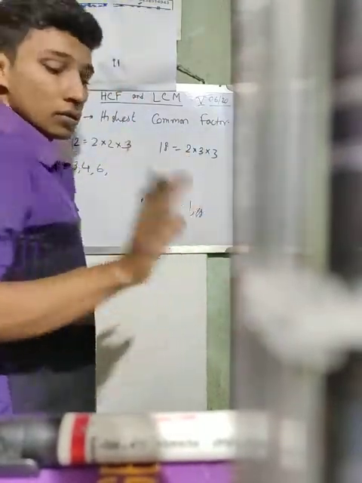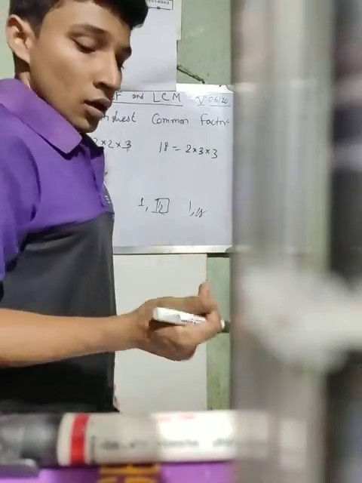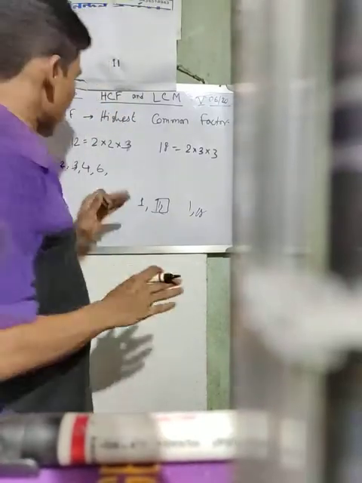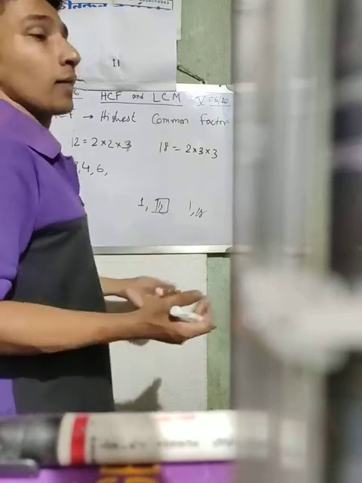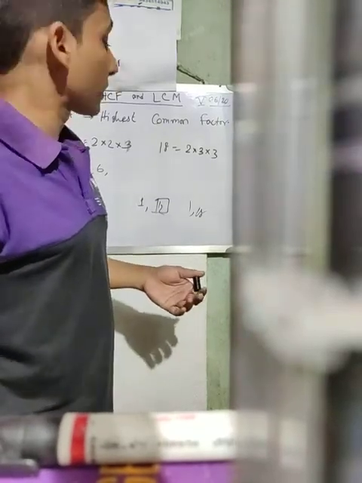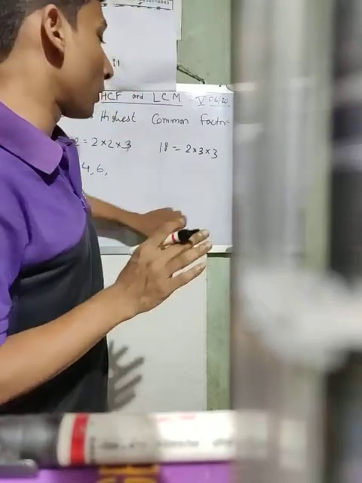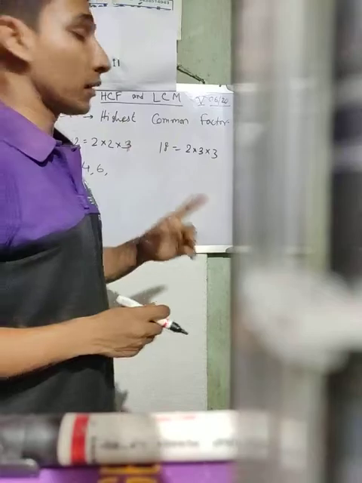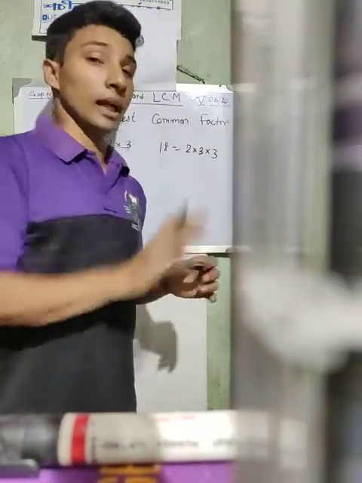But here, for simplification or for simple calculation, I will not consider them. If you want you can consider these factors, no problem. So remember, 1 and that number must be the factors of that number.